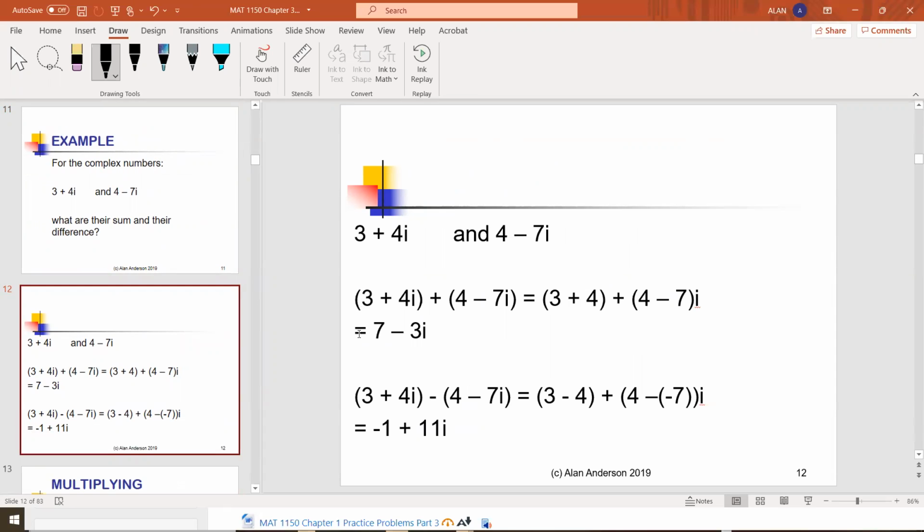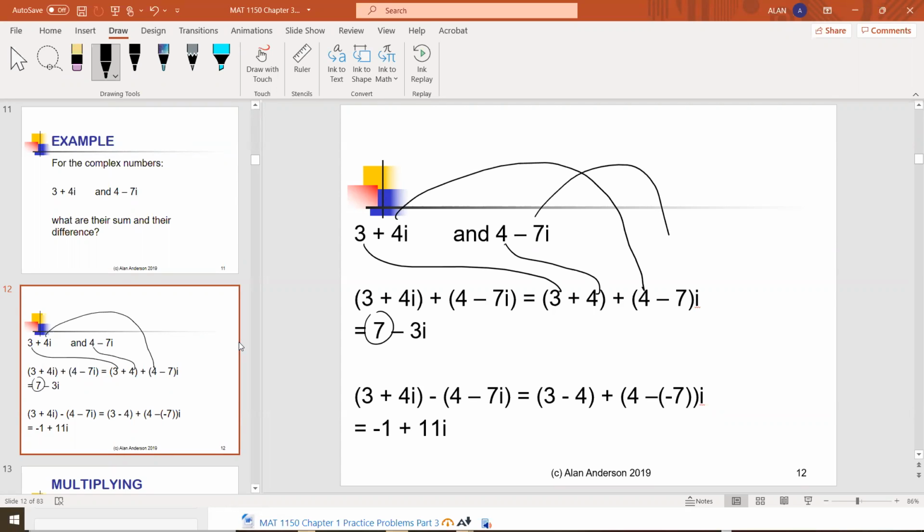So the sum, what are we doing here? We're adding the 3 and the 4 to get 7. And then when we combine the 4i and the -7i, we end up with -3i.